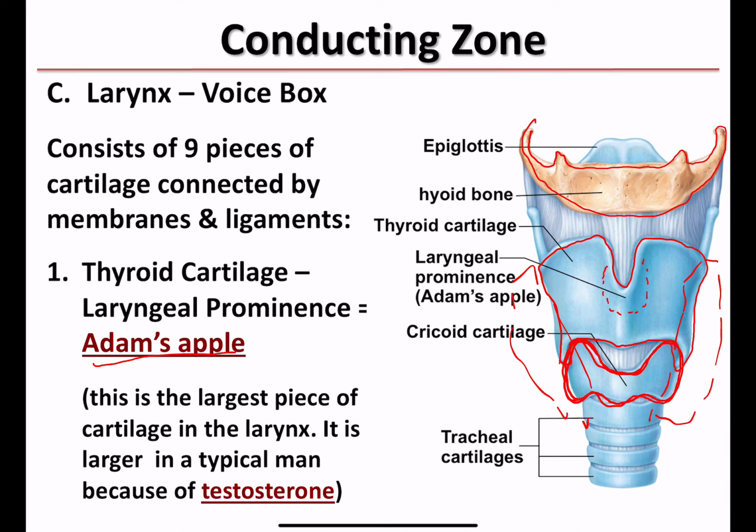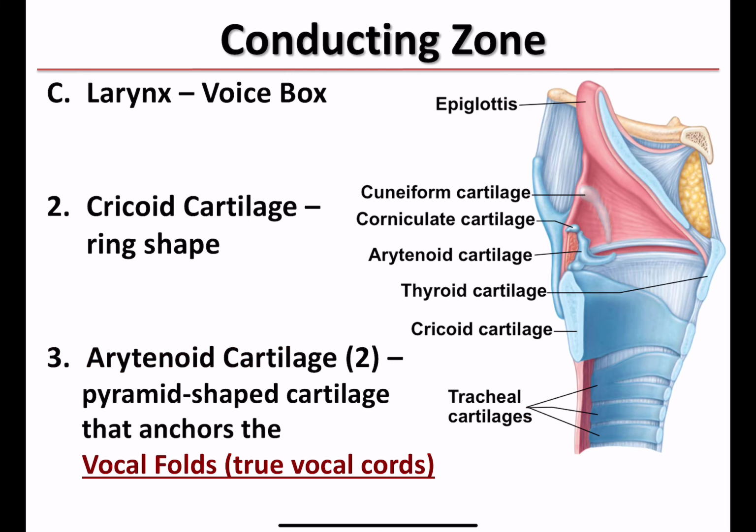This actually does encircle the entire perimeter of the larynx. This is your cricoid cartilage. So your thyroid cartilage basically sits on top of your cricoid cartilage, which actually rings around the entire perimeter of the larynx. Now, let's look at that cricoid cartilage from a side view. This is the cricoid cartilage.